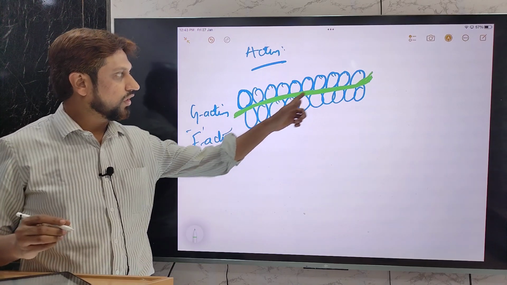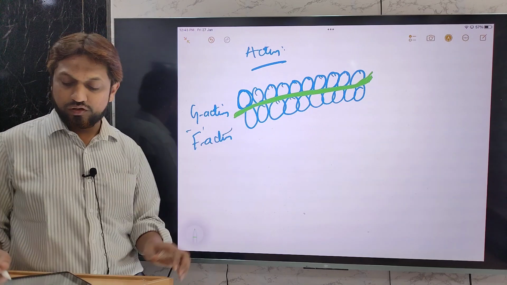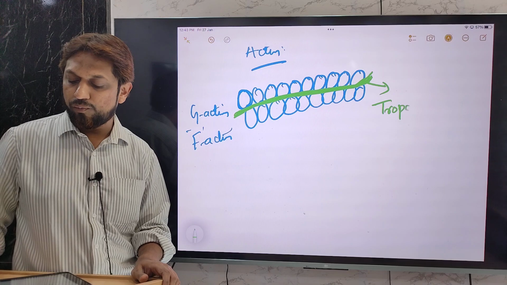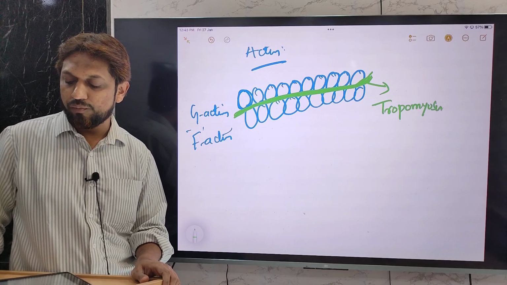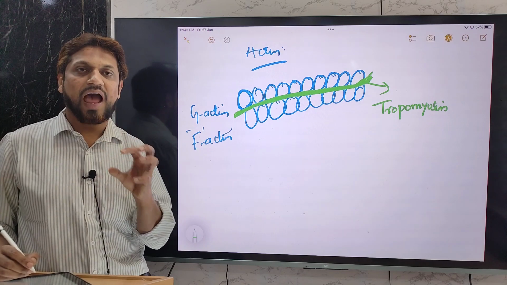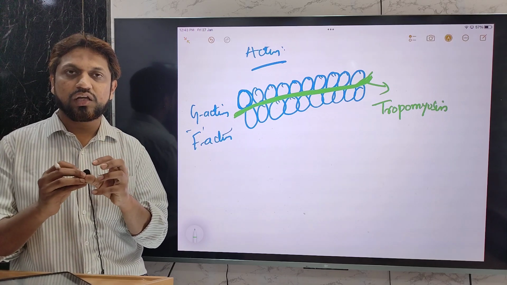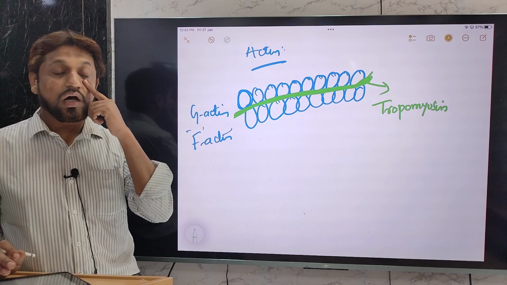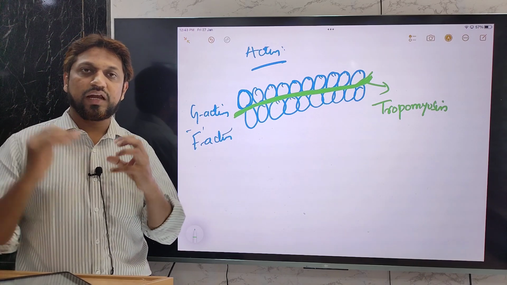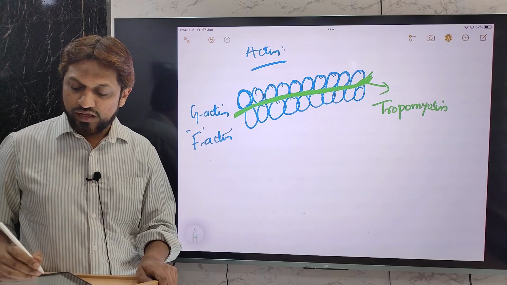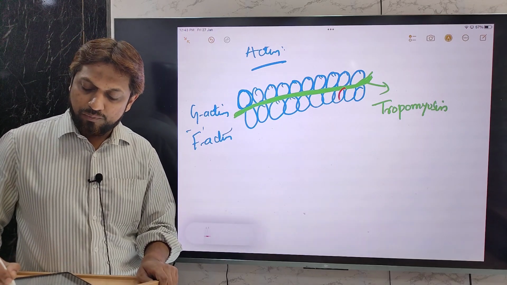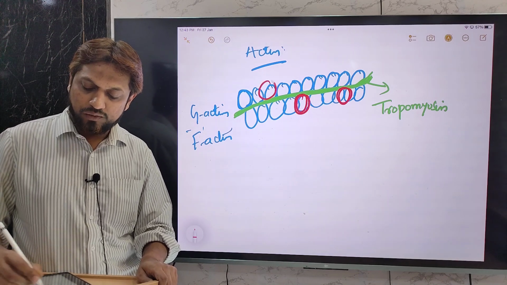With the help of this green color I have just demonstrated it. This protein is called tropomyosin. Tropomyosin covers the active sites of the actin, the sites on which the myosin molecule can bind. Now apart from this there are other proteins known as troponin.